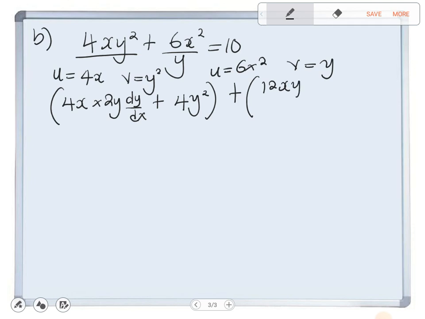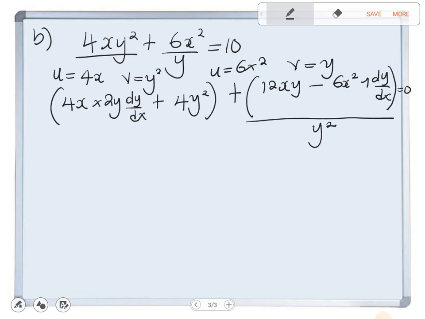So we keep minus 6x squared, and we differentiate y. The derivative of y is just 1, but it will be 1 dy/dx. This is equal to 0 because the derivative of 10 is just 0. Everything here will be divided by v squared, which is y squared. That's the formula for the quotient rule.